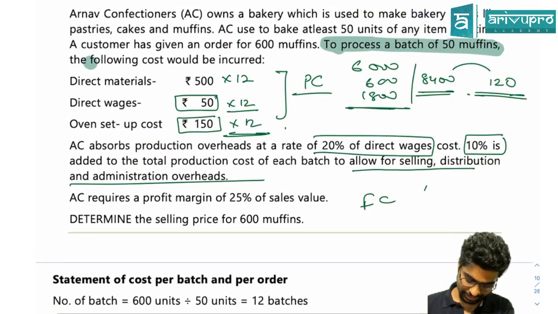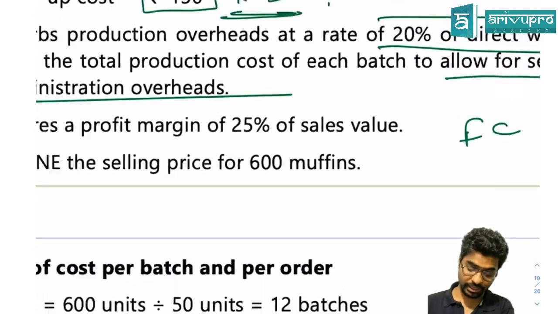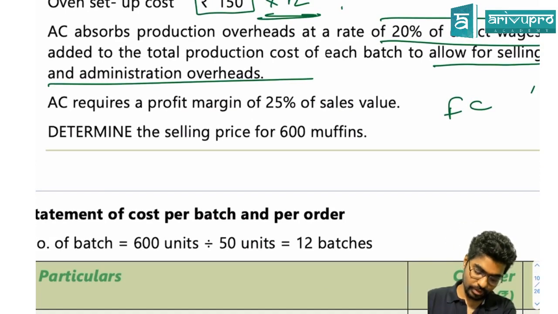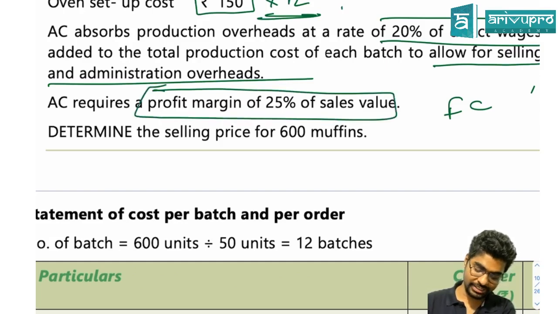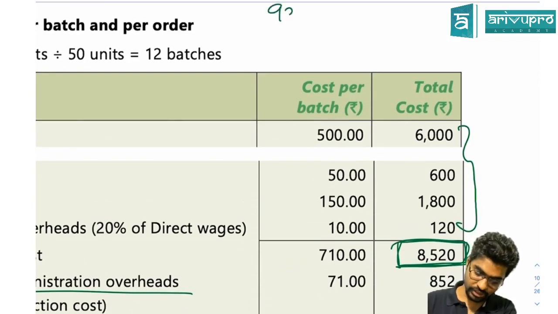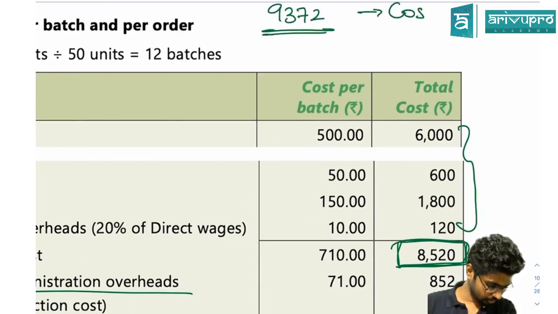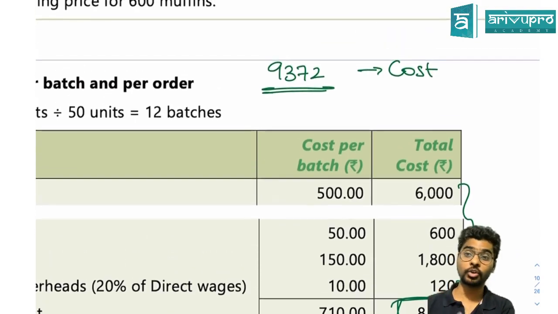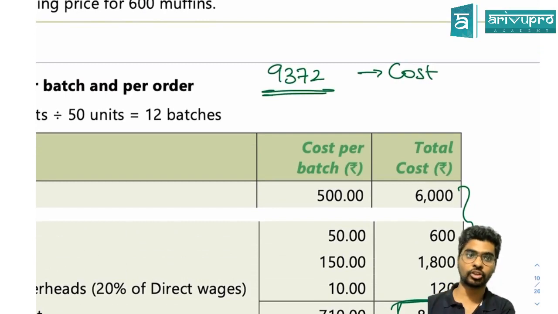Now, they are saying that they want, guys, this is something I need you to understand. This is something new. See here, they require a profit margin of 25% of the sales value. See here, 9372 is the cost price. Yes or no? In all the questions till now, they said they want you to have 25% of the cost.